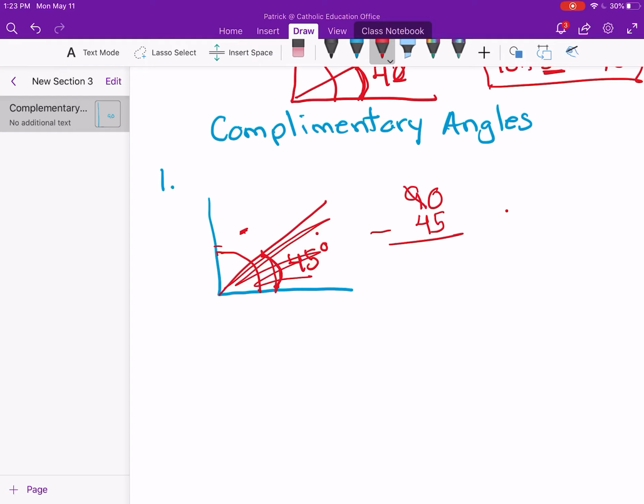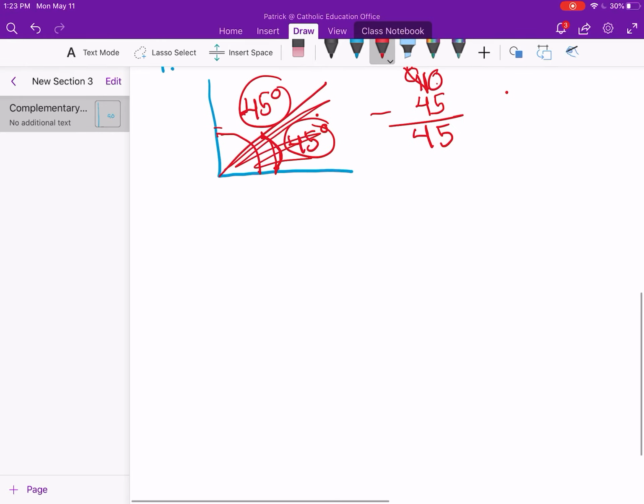I've got to take 1 from it, really 10 from it. This becomes 8 tens. So now I've got 10 take away 5, which is 5. 8 take away 4 is 4. 45. So this side is 45 degrees. Both sides are 45 degrees. All right, let's try number 2.